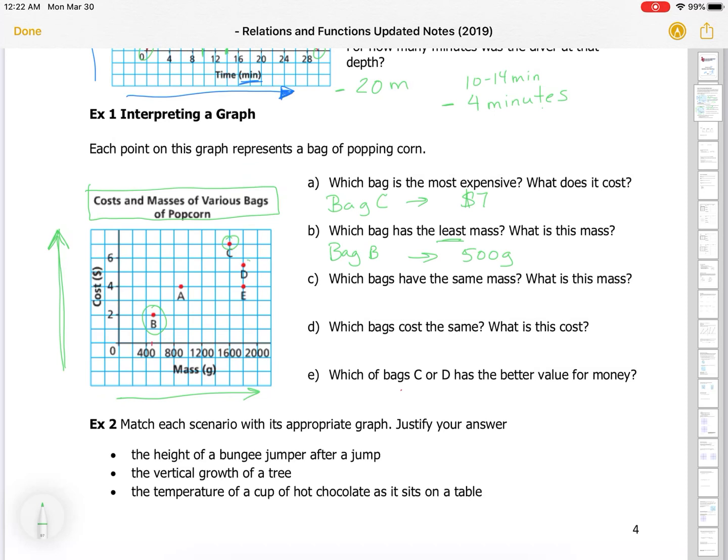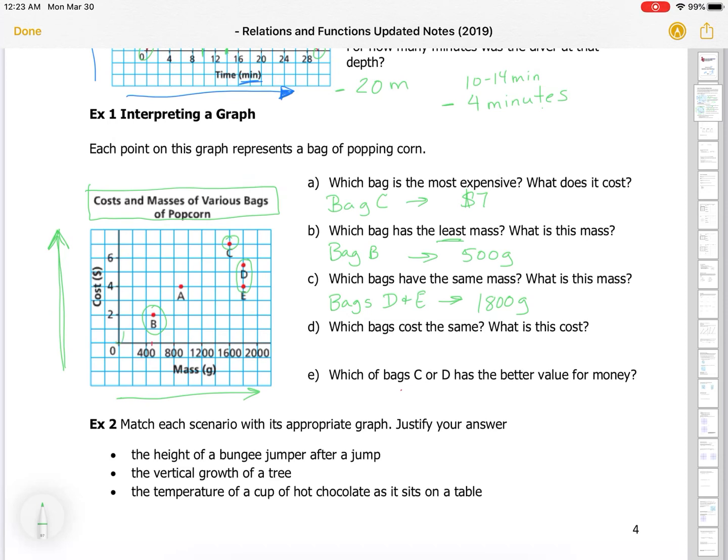Looking at the mass, we want two bags that occur at the same point. That would be bags D and E, and that mass, we look down below, is 1,800 grams.